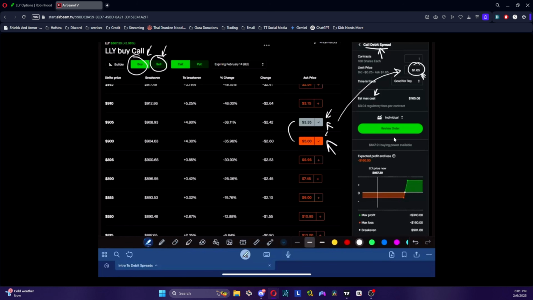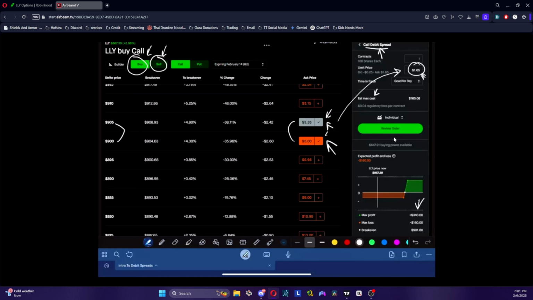And then you subtract these two strikes, so $905 minus 900, which is $5, times 100, which is 500. Then you subtract 165 from 500, which will give you the max profit of somewhere around 340. Because it's after hours, the spreads are all wonky, and Robinhood is not showing it correctly.